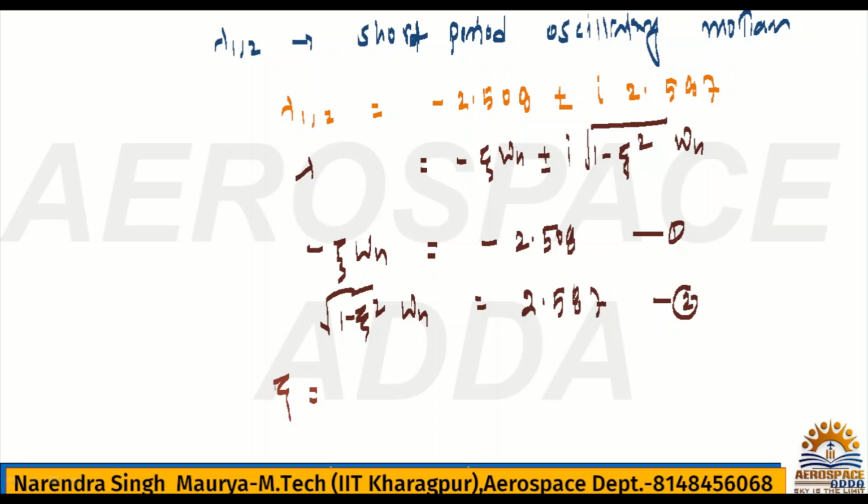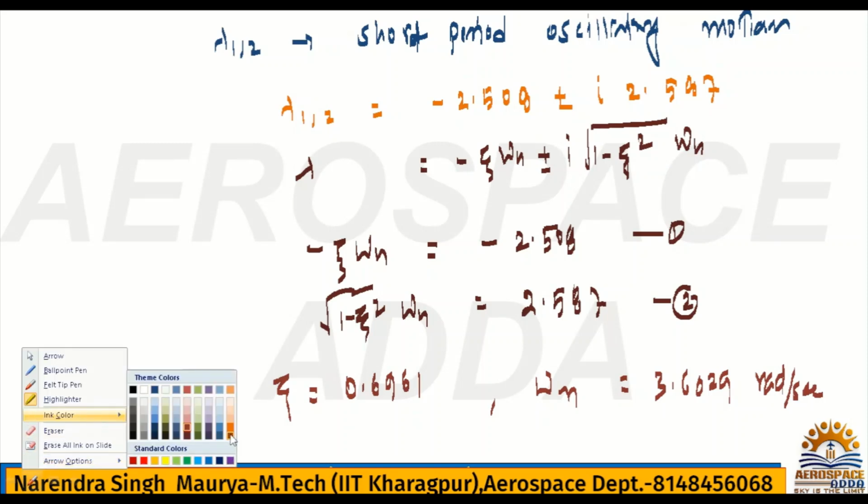First you will calculate and you will get 0.6961. This is the chi value, and if you put it in any equation, you will get omega n, which is 3.6029 radian per second. I have calculated it, so I am giving it. It will take a little time, but you can do it.